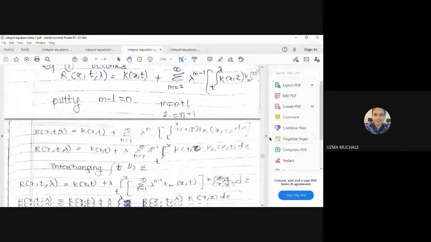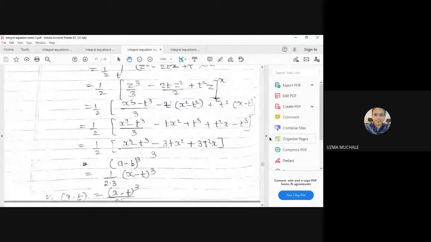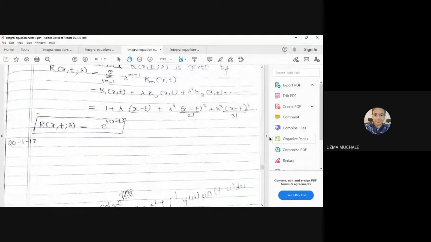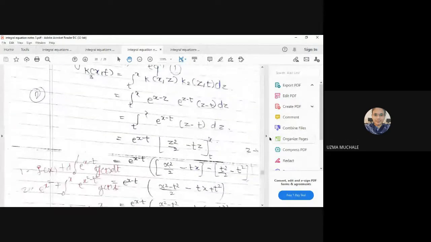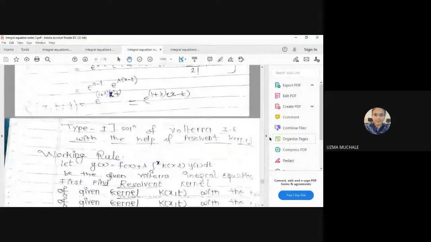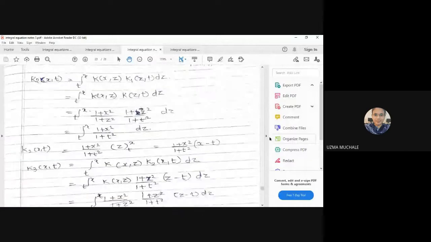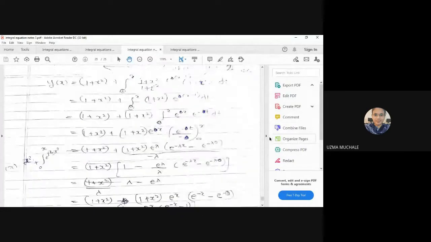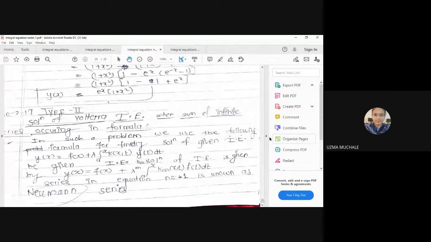After that, we have seen the resolvent kernel and the examples on how to find the resolvent kernel. First, you have to find the iterated kernel and then find the resolvent kernel. Many more examples you can solve for the iterated kernel and resolvent kernel.